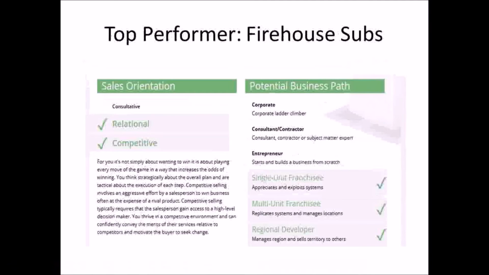There are here in San Diego. So clearly this needs to be someone that thinks competitively, knows how to position himself against those other shops, and at the same time builds relationships with his customers so folks will come back to Firehouse versus going somewhere else. So a combination of a relational sales type and a competitive sales type.